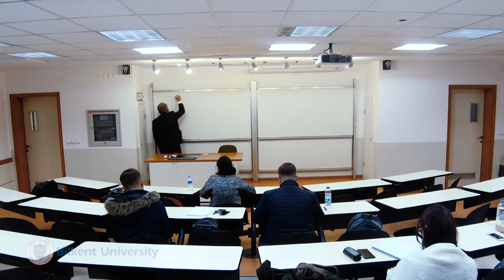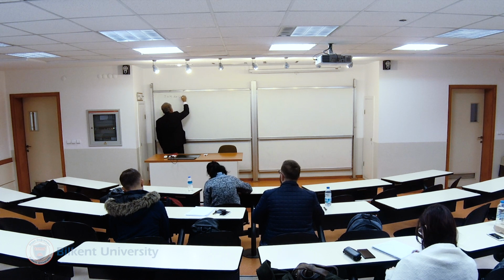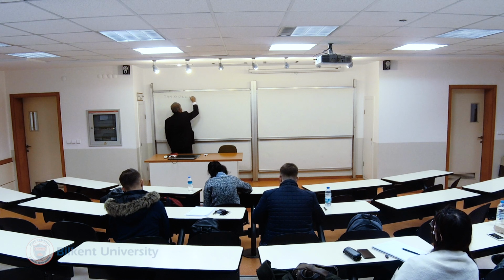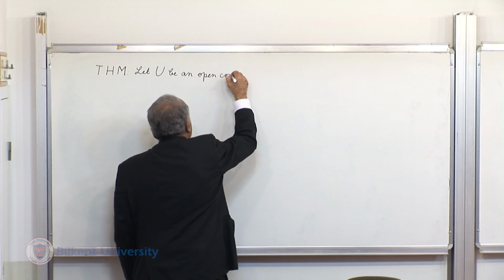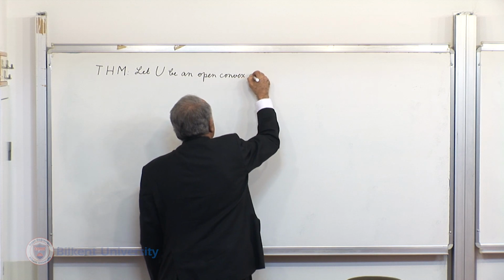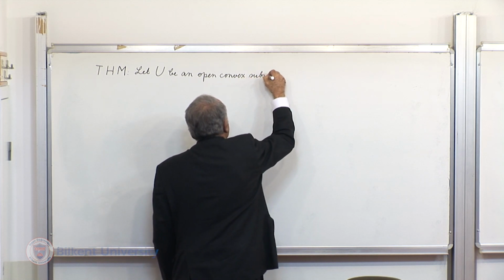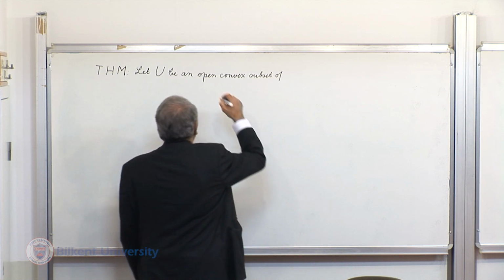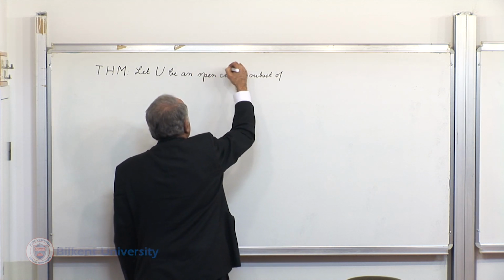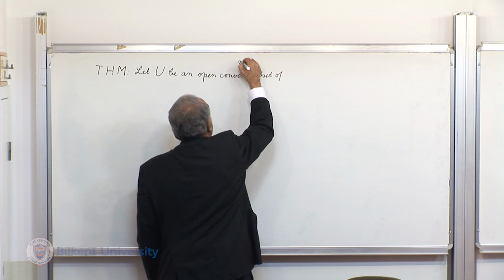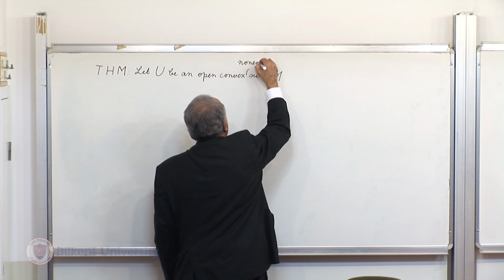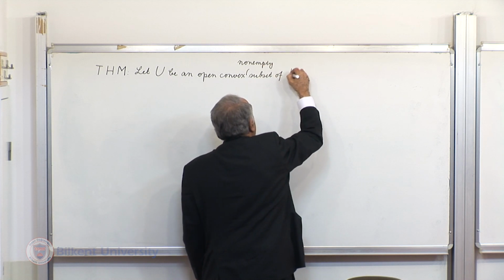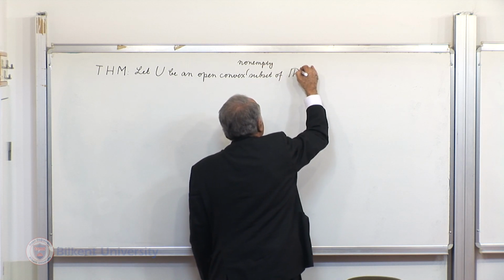Now we start with an open convex subset U of a non-empty Rp.